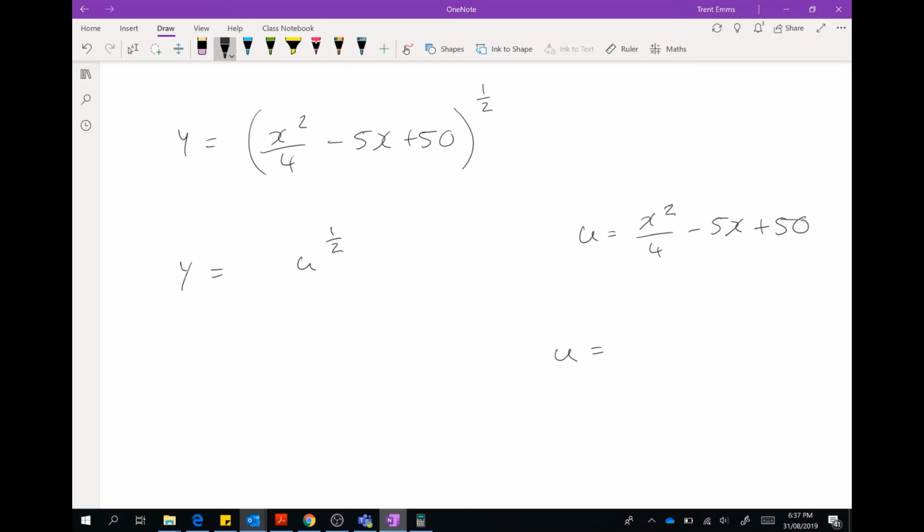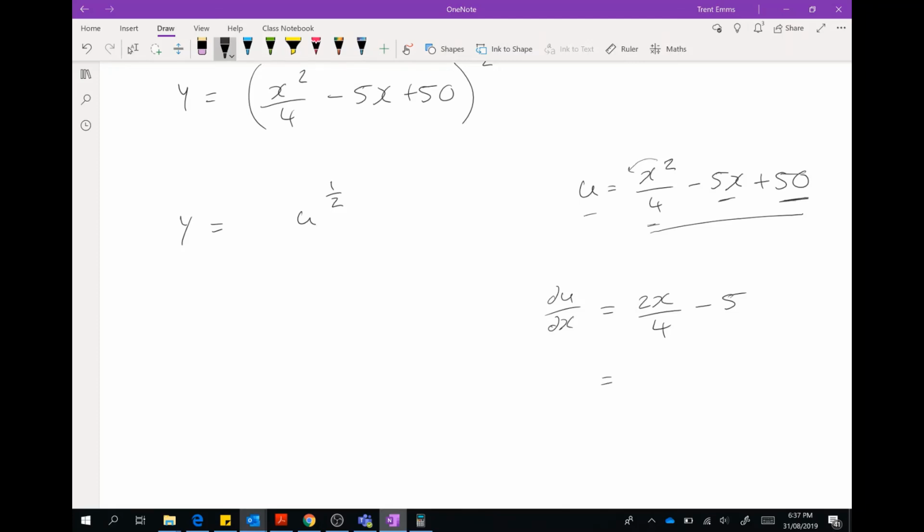We're going to differentiate, so x squared over 4, the 2 is going to come to the front, so we're going to get 2x over 4. The minus 5x will differentiate to minus 5, and the 50 goes to 0 as it's a constant. I differentiated this side with respect to x, so this has to be du by dx.